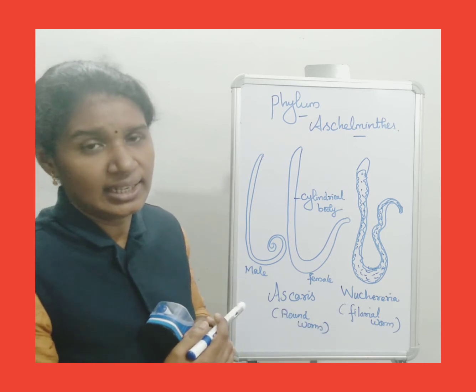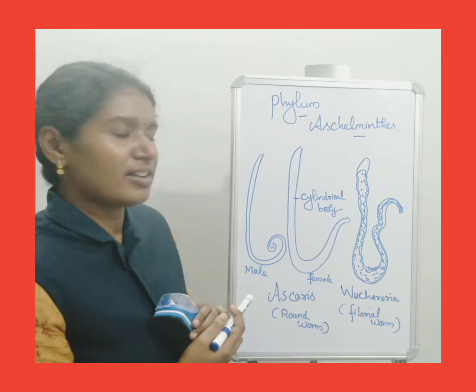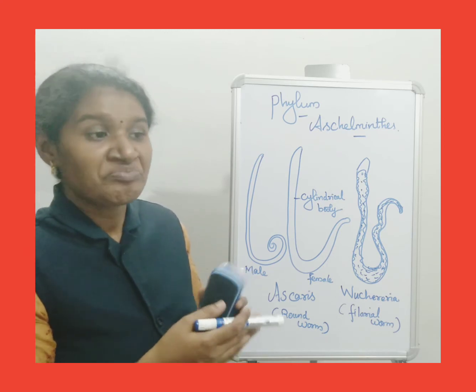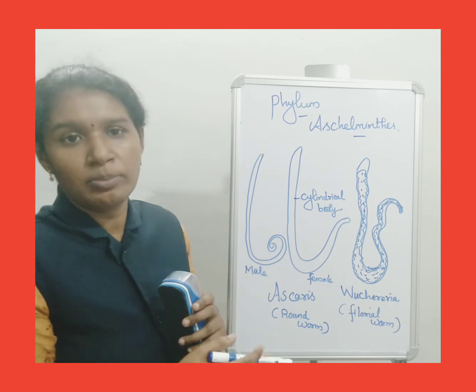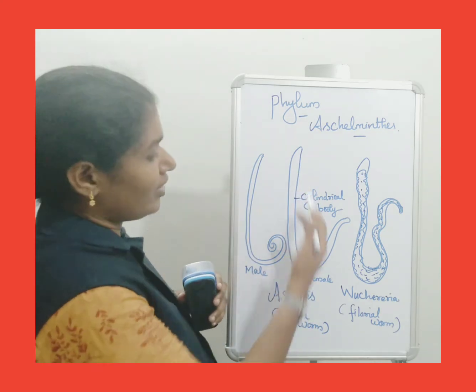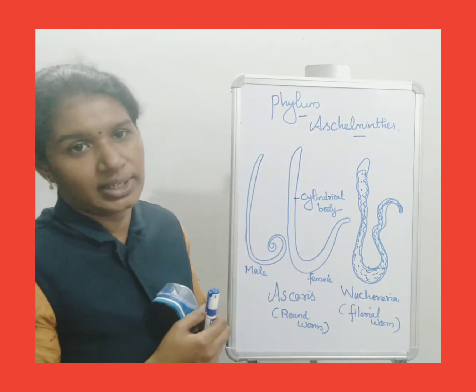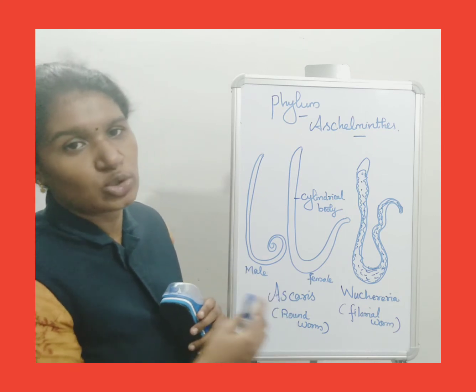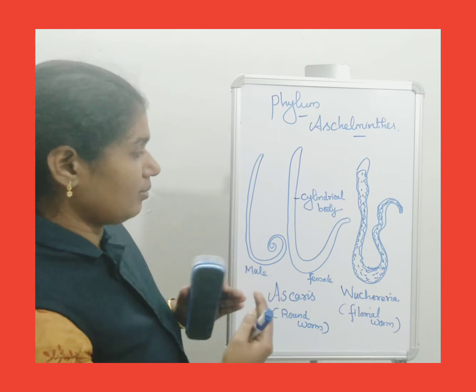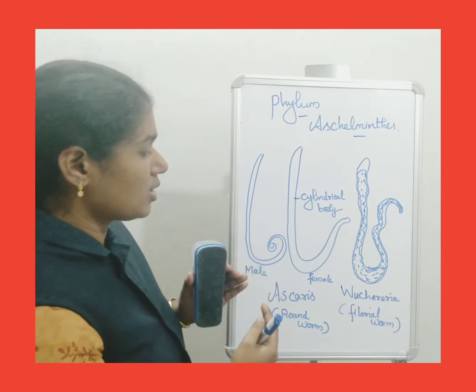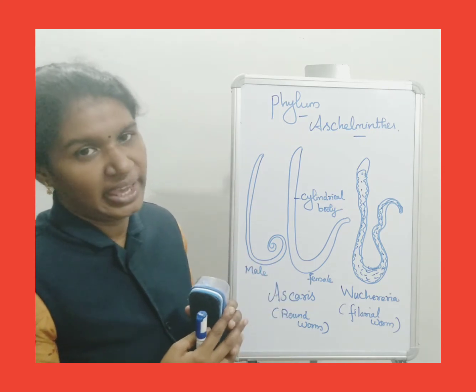That is the filarial worm. And reproduction is normally internal. The male body contains the male sex organ and the female body contains the female sex organ, so they are unisexual. When it is reproduction time, the male and female mate and produce young ones.